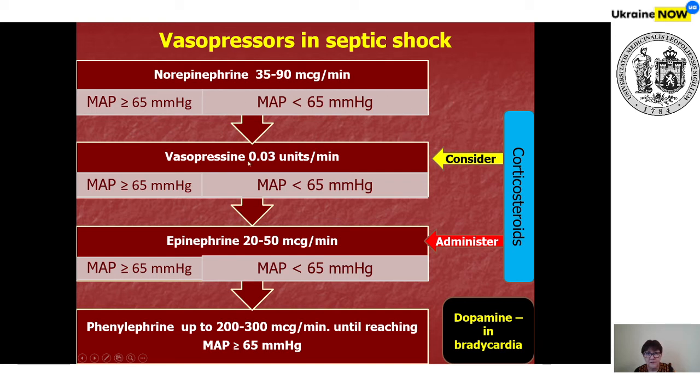If norepinephrine and vasopressin cannot achieve the goal level of mean arterial pressure, the next medicament is epinephrine. At this stage, you should administer corticosteroids. If all these fail to achieve mean arterial pressure 65 millimeters of mercury, you can consider phenylephrine until reaching goal level of MAP. Dopamine is recommended only in bradycardia.